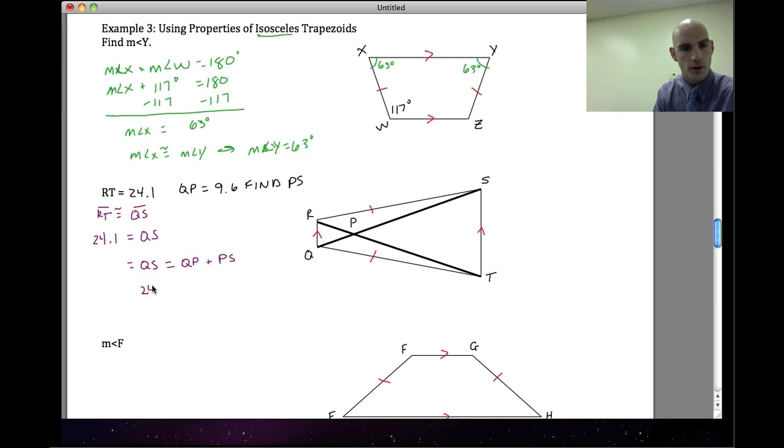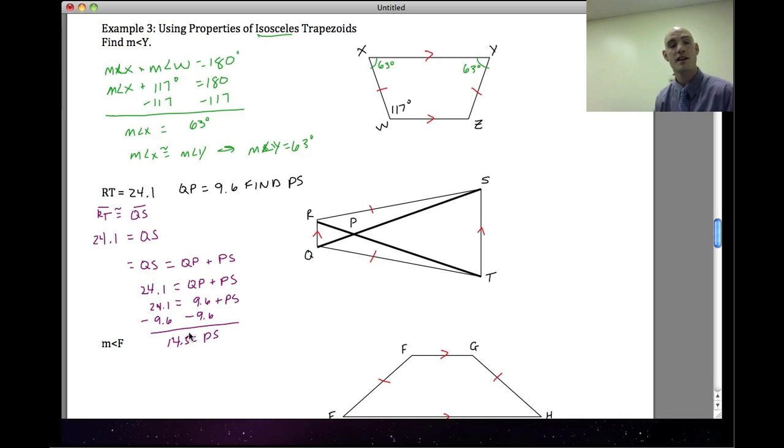So 24.1 is equal to QP plus PS. Well, 24.1 is 9.6 plus PS. When we subtract 9.6 from both sides, we end up with PS equals 14.5. Okay, so that's how this works.